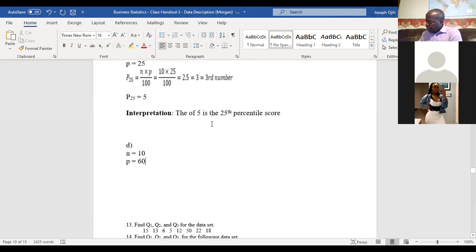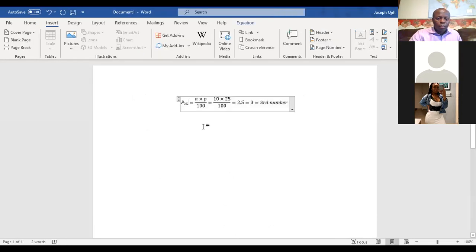Write it down. P60 equals N times P over 100, which is 60 times 10 over 100. Let me write it down on the screen so you can see it. So this gives us P60, the 60th percentile, so 10 times 60 over 100.